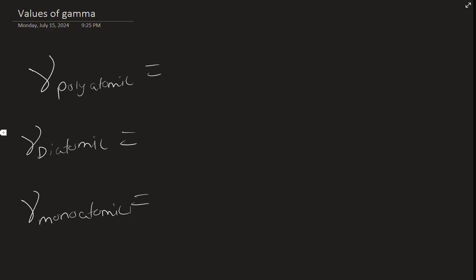Now, we have some constant values of gamma that we know. Gamma for polyatomic gases, meaning any number of atoms above 2, usually triatomic, gases that have 3 atoms, is 1.33.